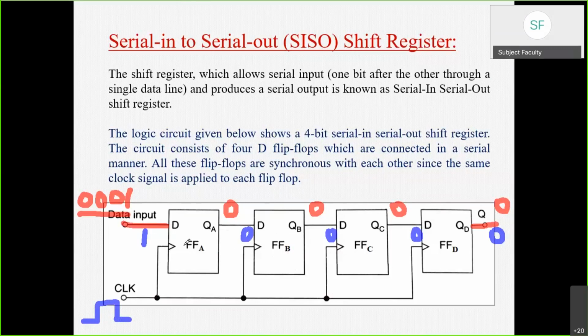So now you have to observe the inputs of each flip-flop, and depending on that input, the output will vary because you have applied the clock. Now tell me, what will be the output of the first flip-flop? Just observe the input for flip-flop A. The input is 1, so what will be the output?